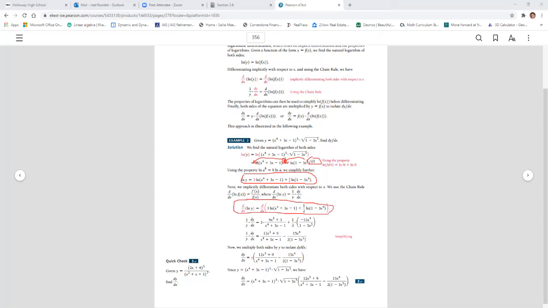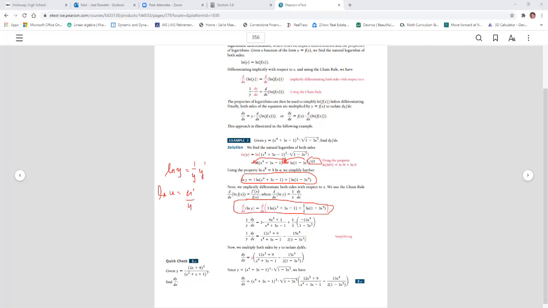So what does that look like? Well, remember, the derivative of the natural log of y with respect to y is 1 over y, and y prime. You may remember I probably said it this way: the derivative of ln u, where u is a function of x, is du over u.